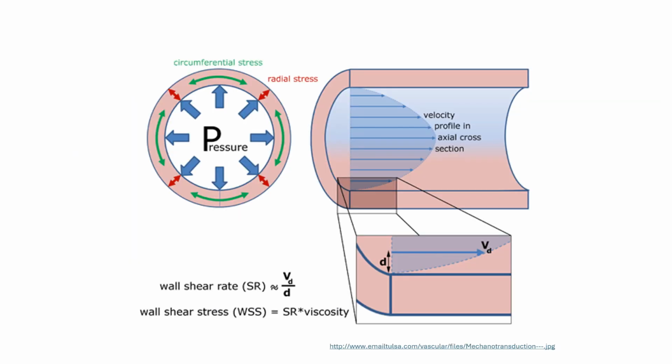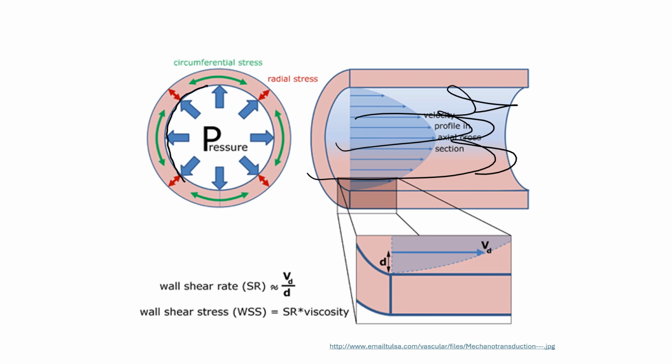What this image is depicting is blood traveling through a blood vessel. I've already said this, and that was the reason I briefly mentioned the anatomy in the last slide. As blood travels through this blood vessel, what does it make contact with? Blood makes contact with the innermost layer of the blood vessel, which I'm highlighting in black there. That is the tunica intima. It's made up of epithelial cells.